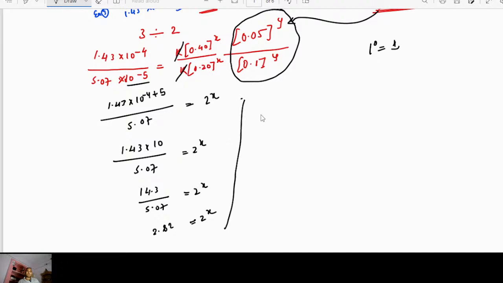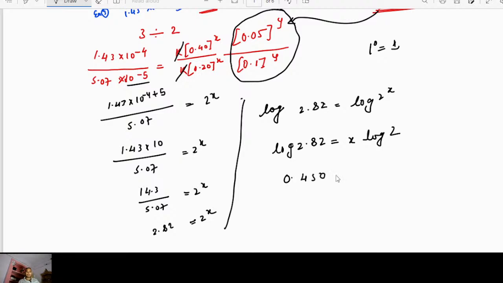Taking log: log 2.82 equals log 2^x, so log 2.82 equals x log 2. What is the value of log 2.82? You can check from the log table. I am checking this one: log 2.82, how much is it coming?